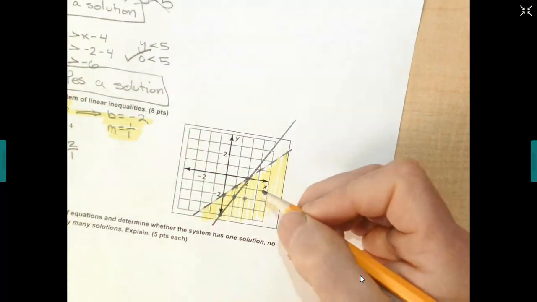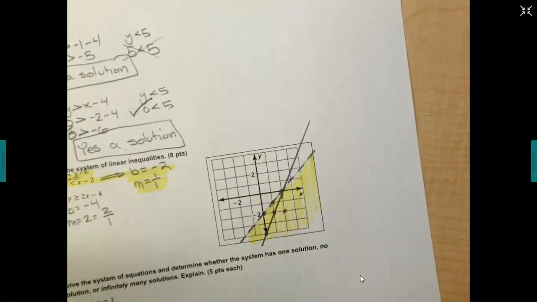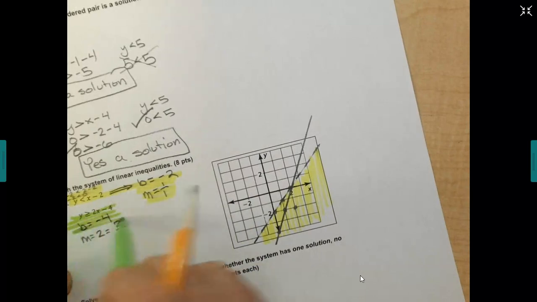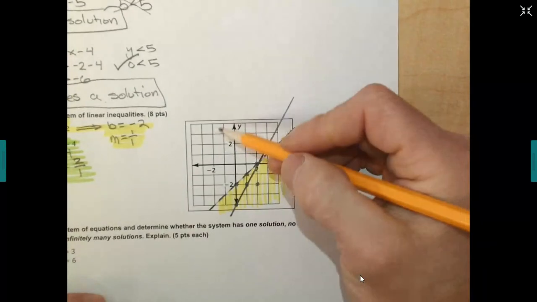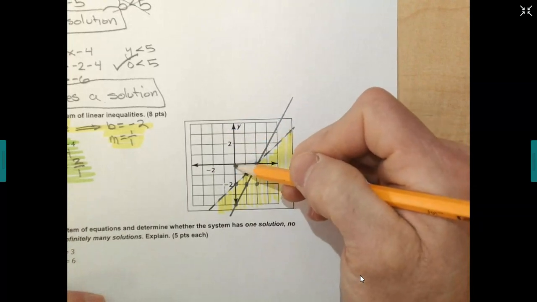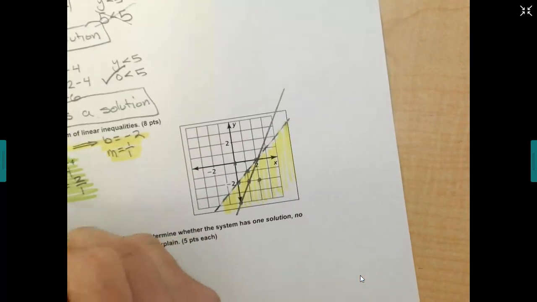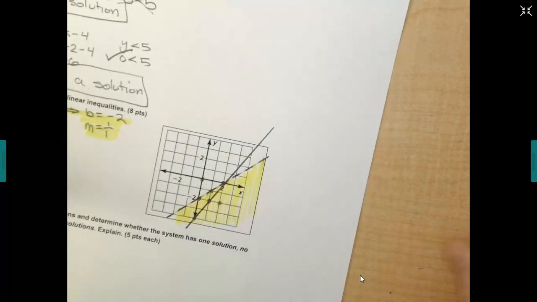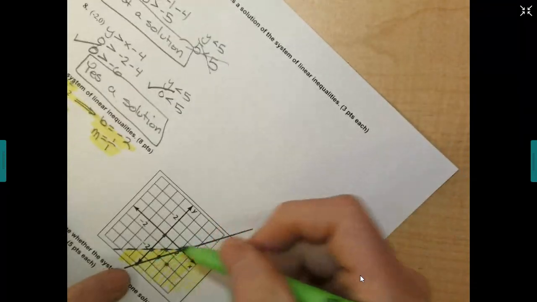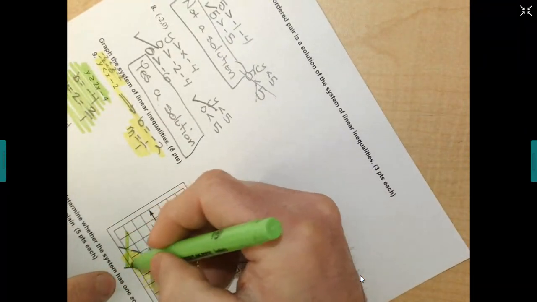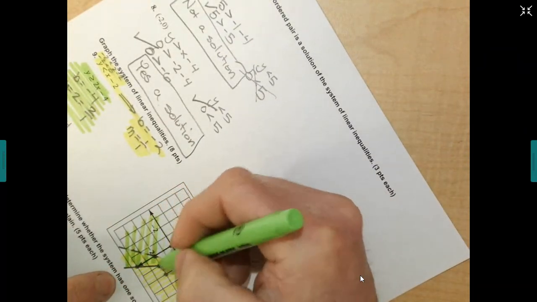So there's our line, and now I got to decide which side is greater than. I'm going to guess it's up here, so I'm going to try 0, 0. So 0 is greater than or equal to 0 minus 4. 0 is greater than or equal to -4. That checks out. So for our green line, it's everything over here.